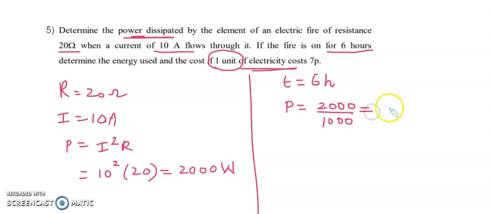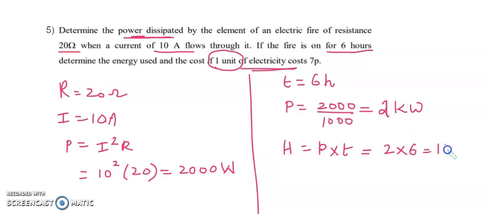Why? Because 1000 watt is 1 kilowatt. So 2000 watt will be 2 kilowatt, right? Now, heat energy is power into time. That is 2 into 6, which is 12 kilowatt hour.